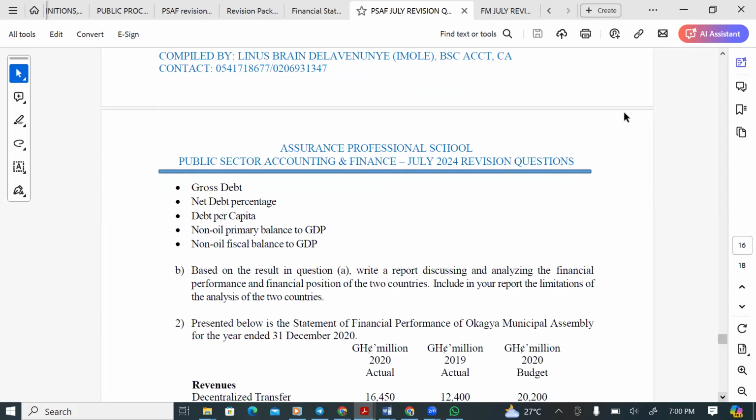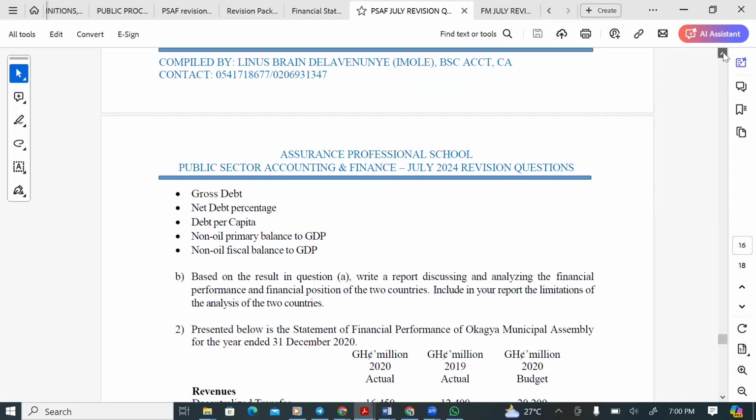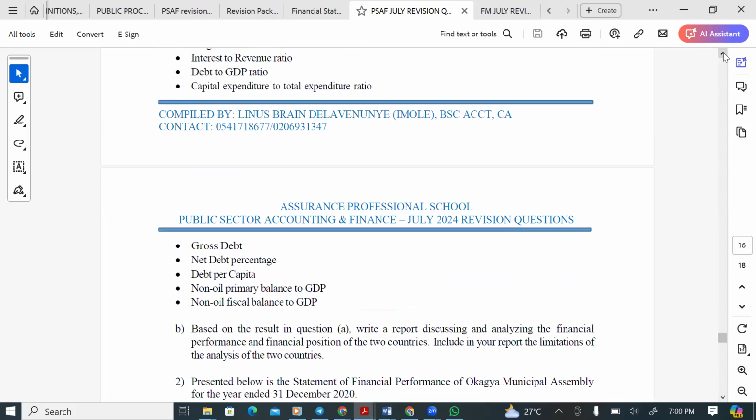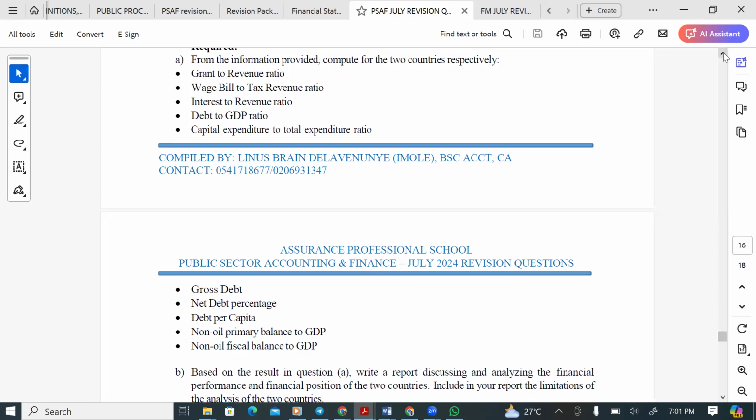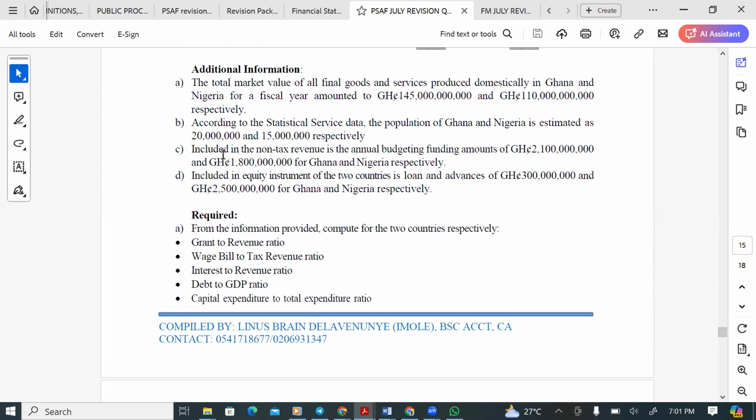Okay. So you can see that the only ratios which you have to memorize, which you might not be seeing in the exam, are the net debt percentage and the non-oil fiscal balance to GDP. If you really understand the non-oil fiscal balance, you're just talking about the surplus for the year, but it should be devoid of anything that is relating to petroleum, and we have given you that one.